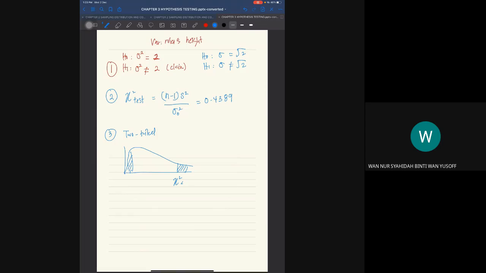Alpha is 0.1 divided by 2, which is 0.05. The degrees of freedom n minus 1 is 9. So 1 minus alpha over 2 is 0.95 and 9. What do you get? Lower bound and upper bound?